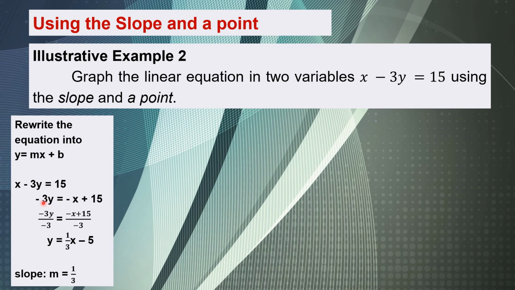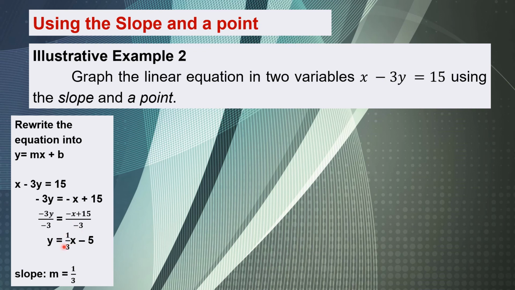So, para matanggal yung negative 3 dito, ay kailangan natin mag-divide both sides by negative 3. So, negative 3y divided by negative 3 is equal to y. So, na-cancel na yung ating negative 3 dito. Then, negative x or negative 1x divided by negative 3 is equal to positive 1/3 x.